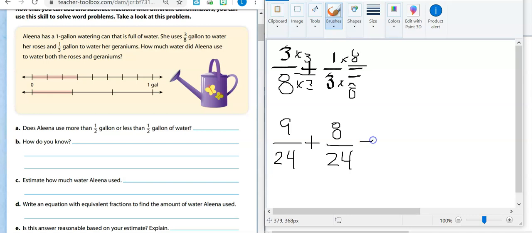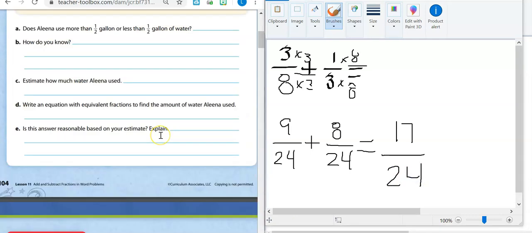Now I need to go ahead and solve. So my answer would be 17 over 24. So the equation that I would have written for part D, which will be equivalent fractions, will be 9 over 24 plus 8 over 24.